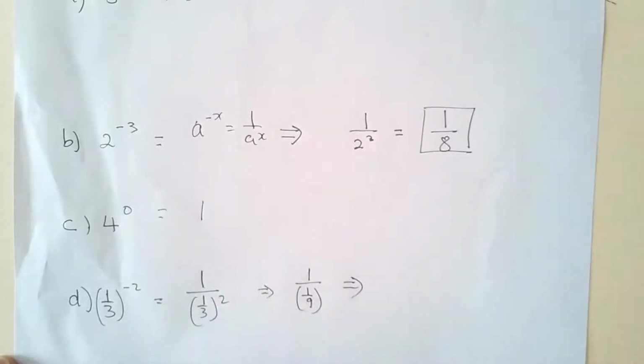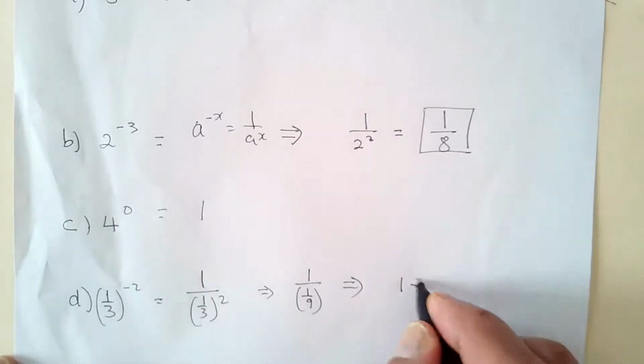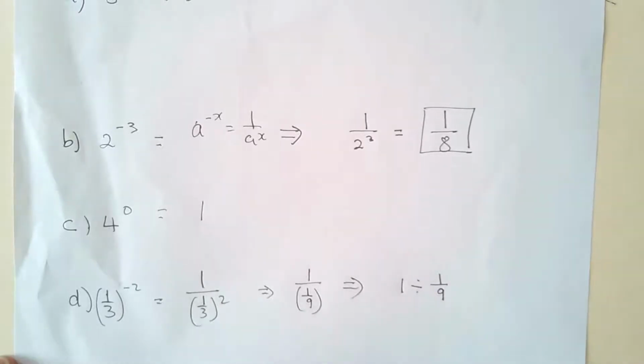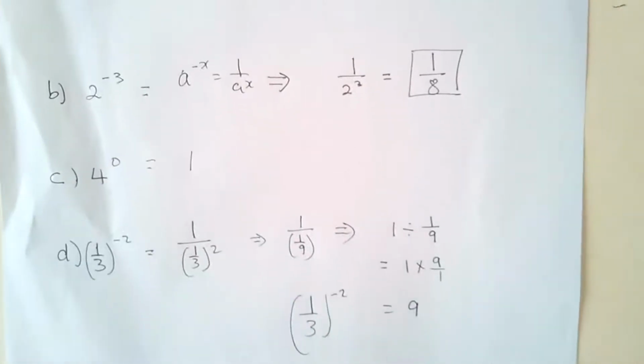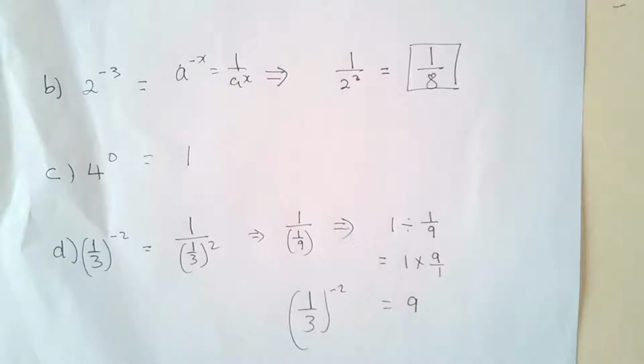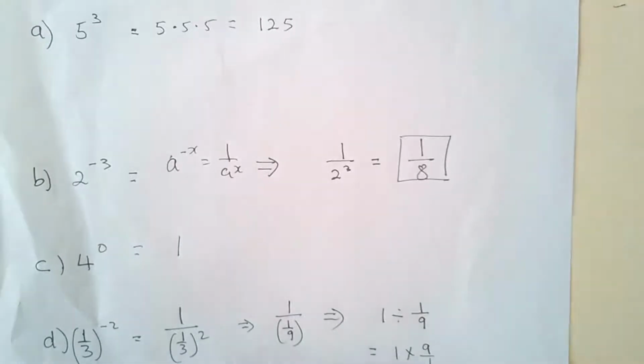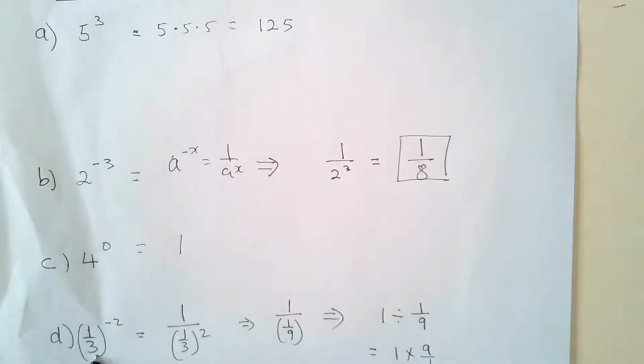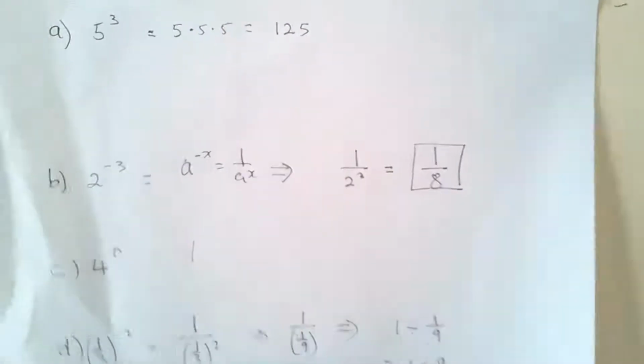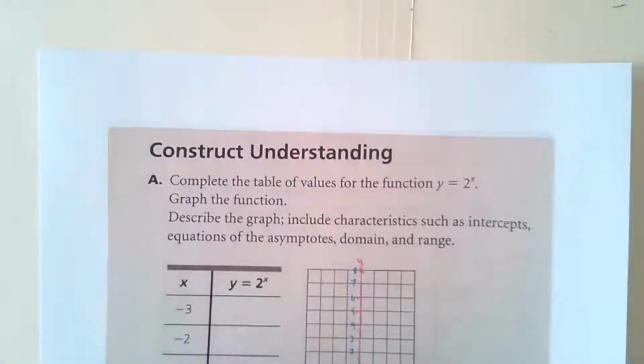Now, if you were to work this out, this becomes 1 divided by 1/9, the long way, which is 1 multiplied by 9 over 1. So 1/3 to the negative 2 is equal to 9. So keep these in mind because we are going to construct graphs using the negative exponent rule and the power rule.